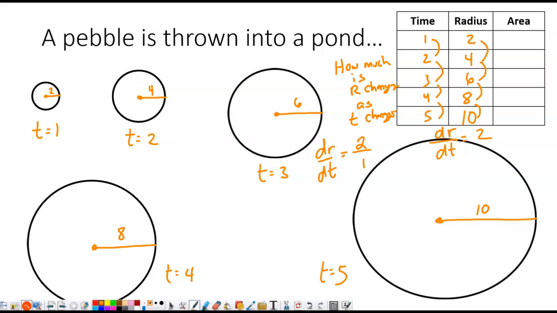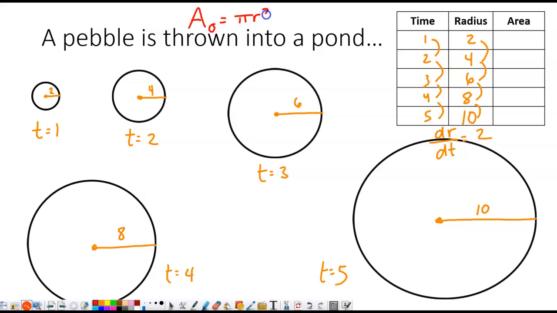All right. But now I want to look at a new concept here. I want to introduce a new measurement into our story problem here. I want to talk about the area of these circles. Now, as you guys know, area of a circle is pi r squared. So, what would be the area of the first circle?